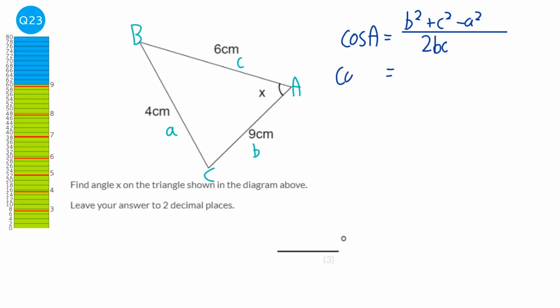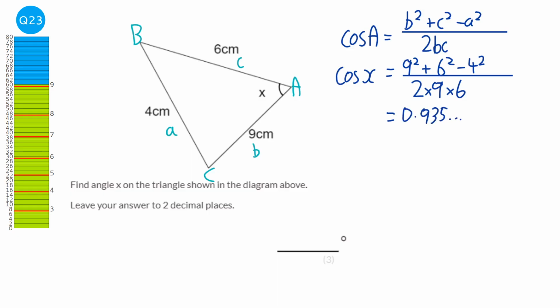So we're going to write it again, but this time with all of the numbers and letters that are in the question. So instead of b squared, we've got 9 squared plus, and then the c squared is 6 squared, minus the 4 squared over 2 times b, which is 9, times c, which is 6. And when you do that on the calculator, you get 0.935 and so on.